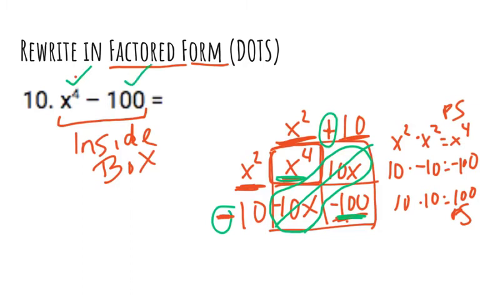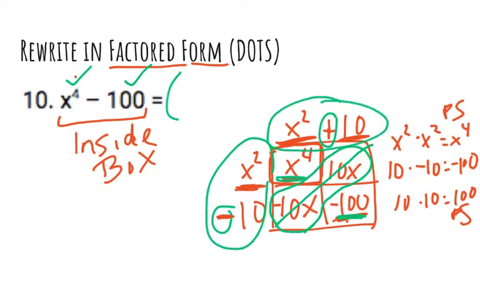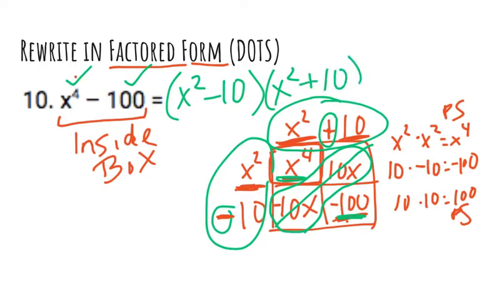Now, let me write out my factored form. Again, that's the outside terms. So I'm going to have x squared minus 10 and x squared plus 10.